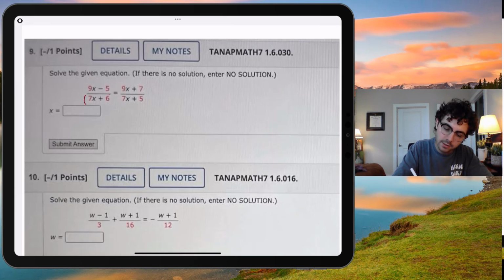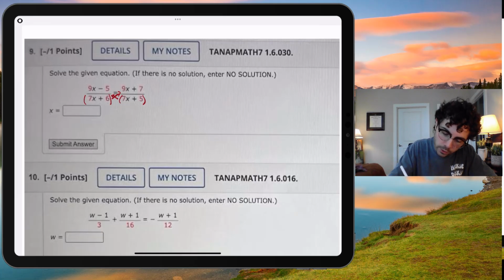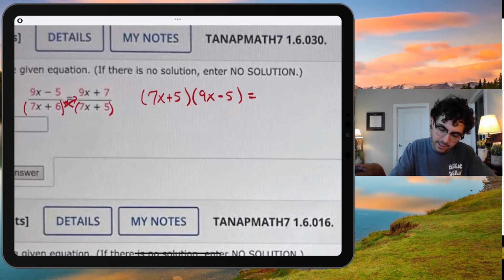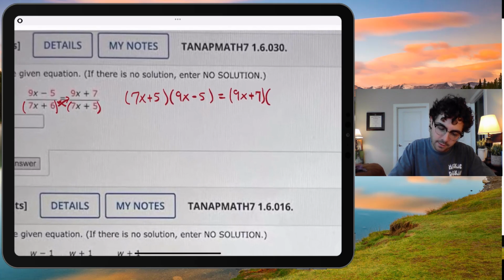So I'm going to multiply this up and multiply this up. So basically multiplying both sides by 7x plus 6 and 7x plus 5. When we do so, we get 7x plus 5, I'm going to zoom in, hope you don't mind, times 9x minus 5 equals 9x minus 7, plus 7, times 7x plus 6.